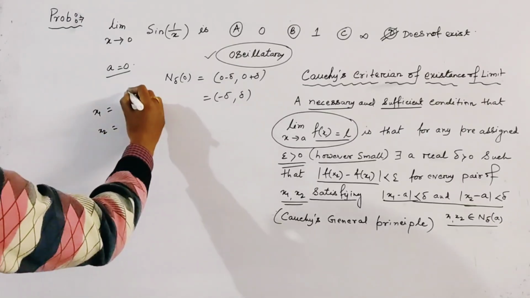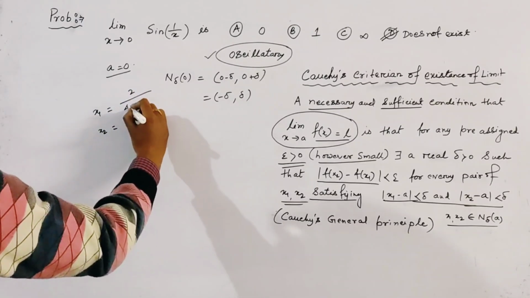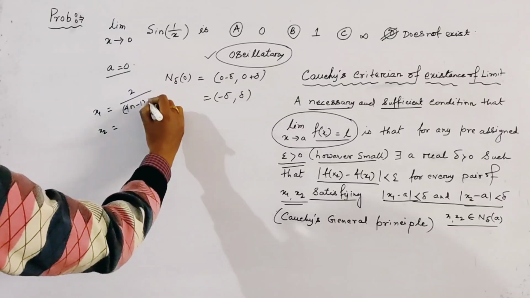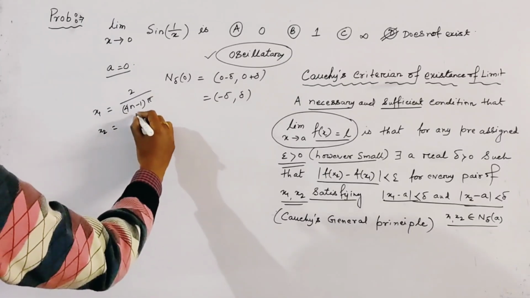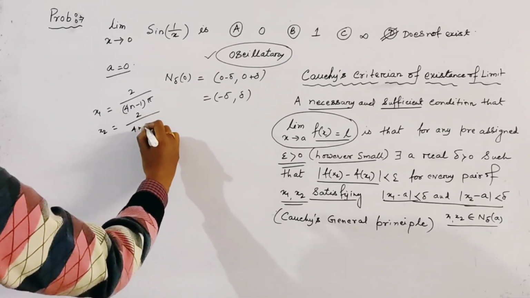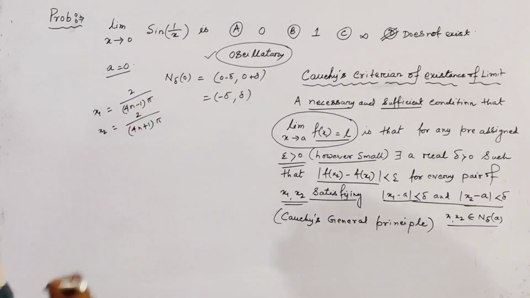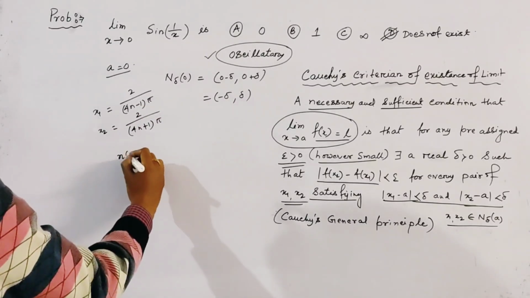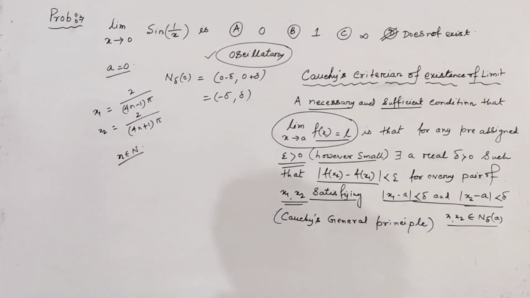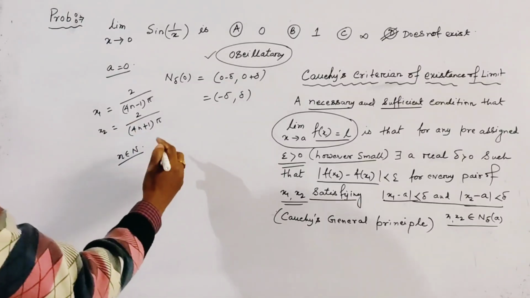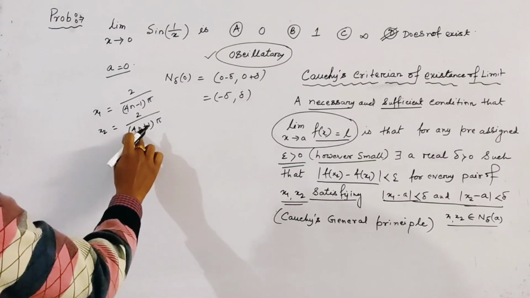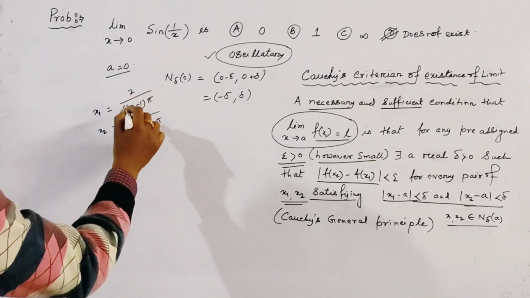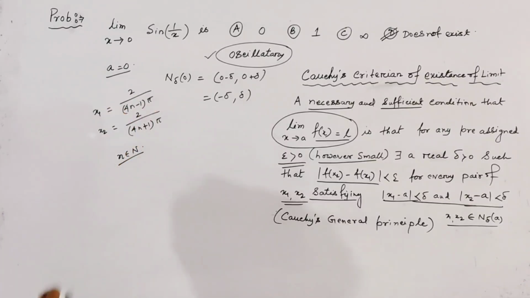We consider two points: x1 is 2 by (4n minus 1) into pi, and the other point x2 is 2 by (4n plus 1) into pi, where n belongs to the natural numbers. And clearly, if we take a large value of n, then both give very small values.